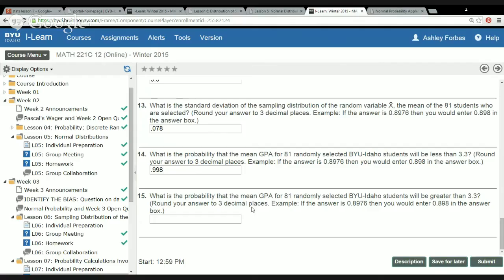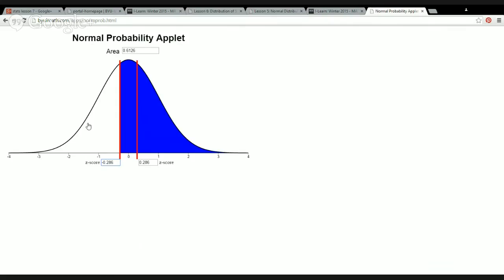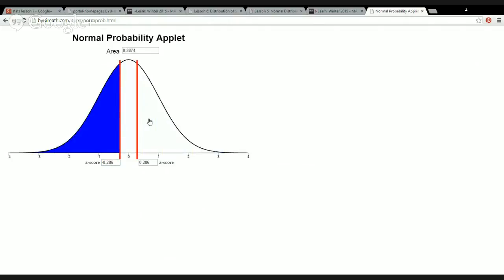Okay. Oh wait, 14 is asking for less than 3.3, and 15 is asking for greater than 3.3. So let's put 0.998 on the bottom. And then we need to shade in less than on the other one for 14.